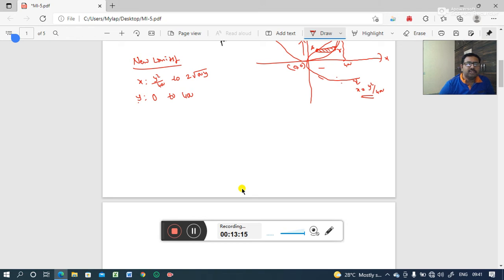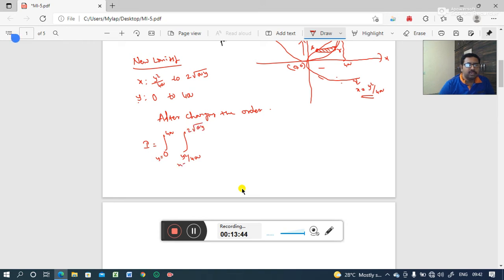So after changing the order, your new limits: I equals integral 0 to 4a, the y limits, and your x limits are y square by 4a to 2 into square root of ay.